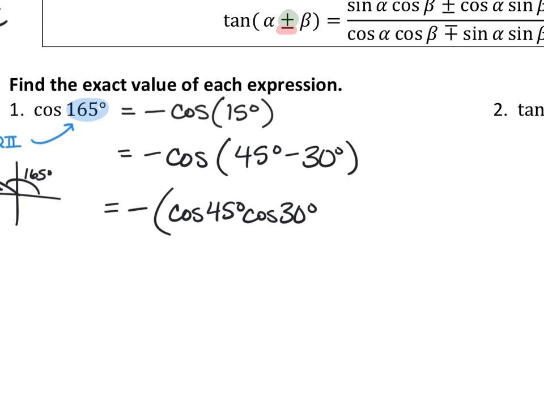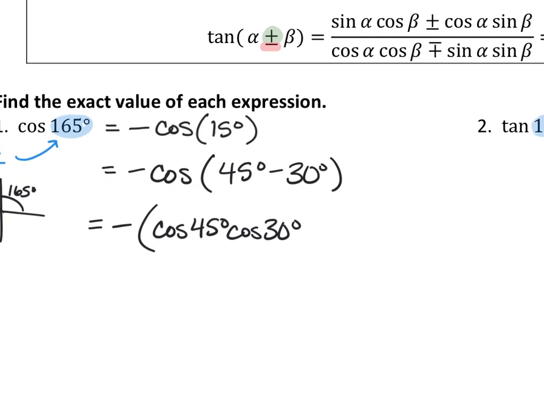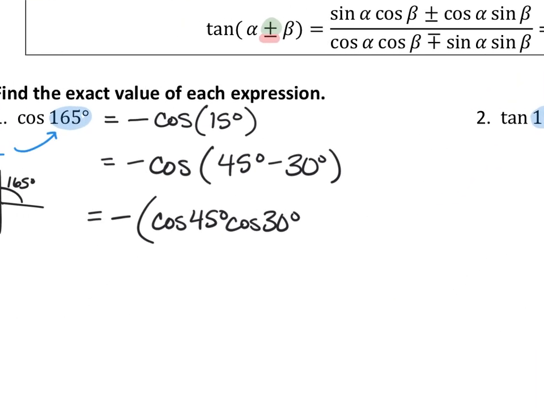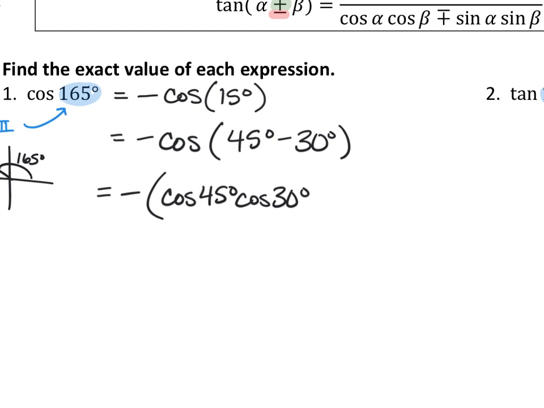You're gonna use minus. Okay, so let's check. In the cosine, if we are subtracting them, what's the second symbol? Yeah, cosines are the opposite. So we're actually going to use plus. Okay, and then we have sine of 45 degrees times the sine of 30 degrees. So all I've done so far is fill in the formula with alphas and betas. You just have to choose the right formula.